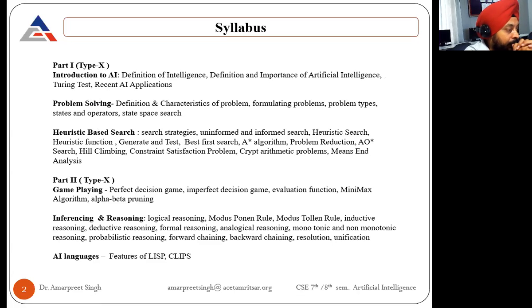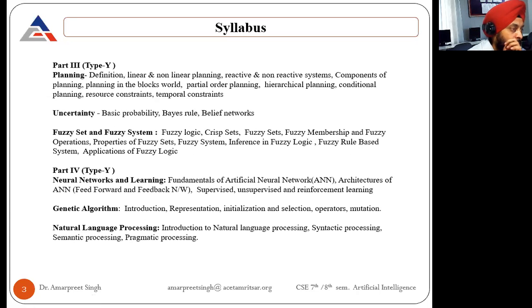In part 2, the different chapters are Game Playing, Inferencing and Reasoning, AI Languages. In part 3, we have planning, uncertainty, fuzzy set and fuzzy system. And in part 4, neural network and learning, genetic algorithm, and natural language processing. So this is about your syllabus of the AI.